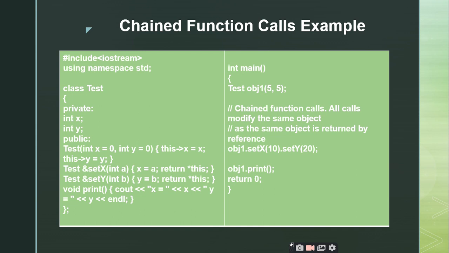So here is an example of the chained function calls. I have created a class called test, which consists of two private members x and y of type integer, and I have a parameterized constructor here. See here, am I using the this pointer here?